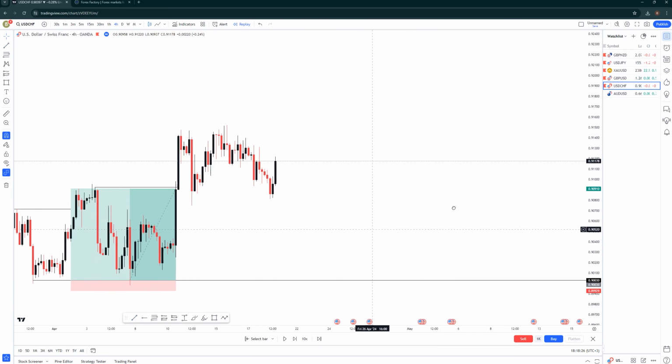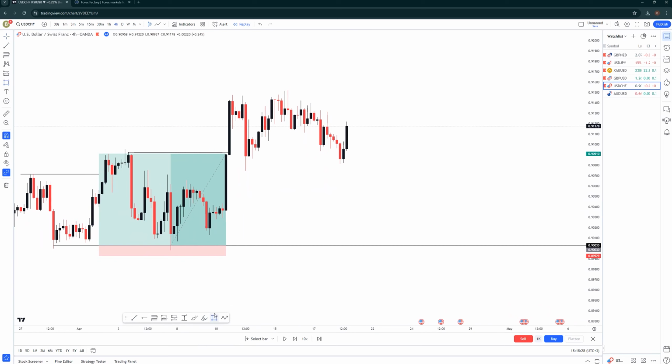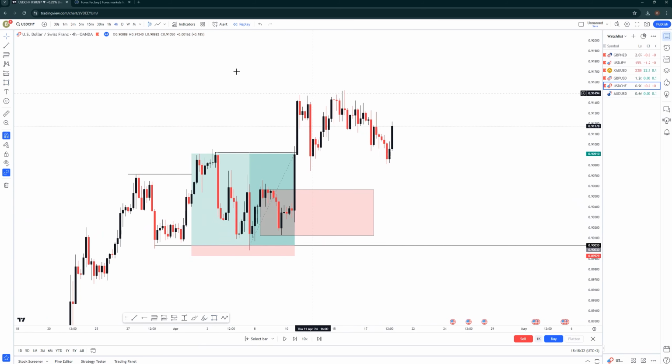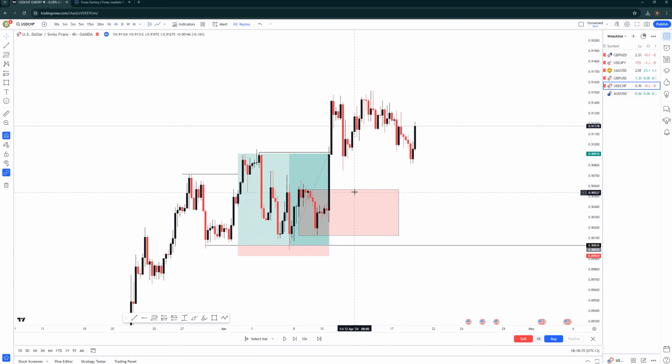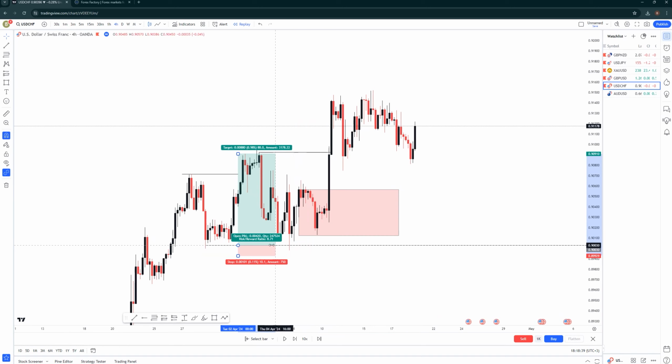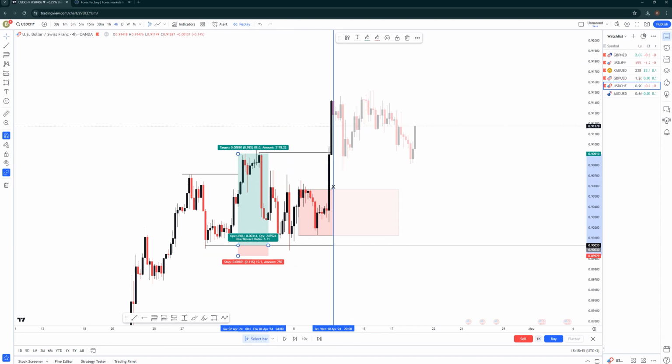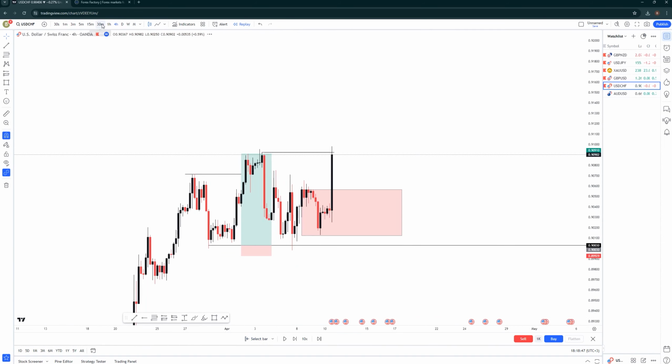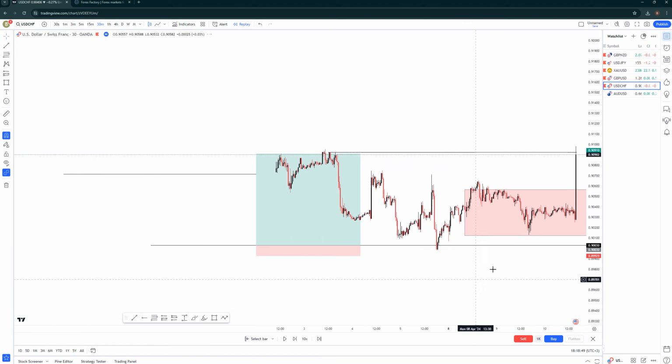But inside this area also, we had this inside formation. This is the formation that we have to consider. But also, after knowing this is the first area to consider, just cut the chart like this, and then go down according to time frame coordination.